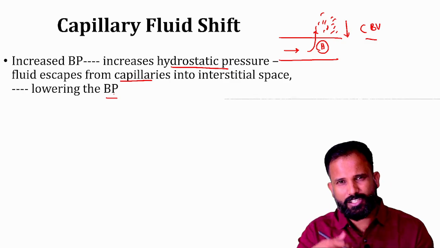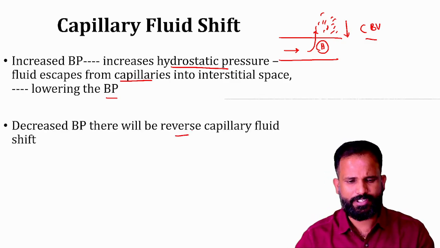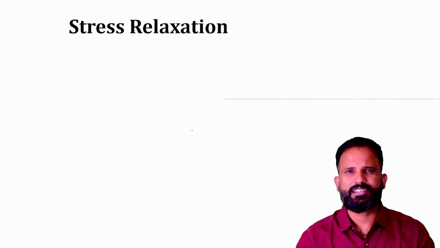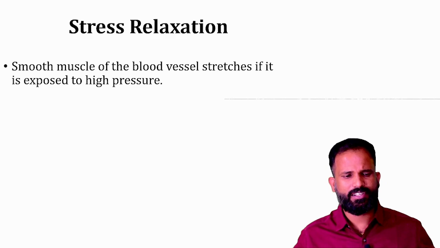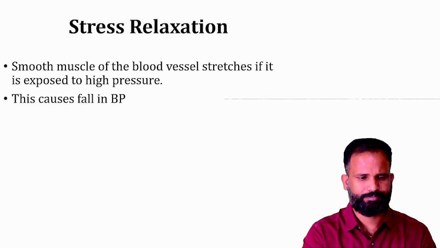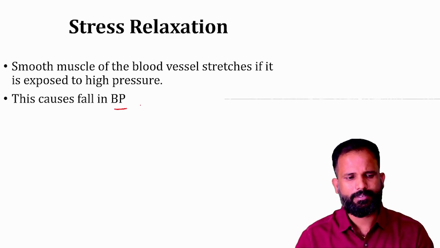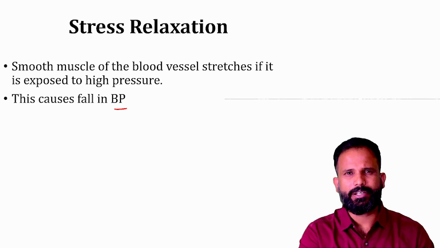And if the blood pressure is low, fluid shifts reversely, that is called reverse capillary fluid shift. And stress relaxation, whenever the pressure is raised, the blood vessel stretches and that accommodates the pressure, and this causes fall in blood pressure. So these are the intermediate mechanisms.